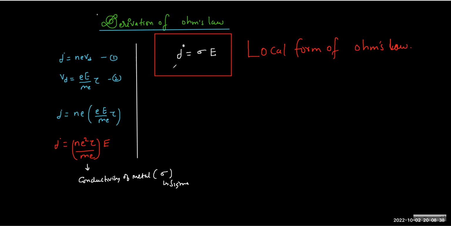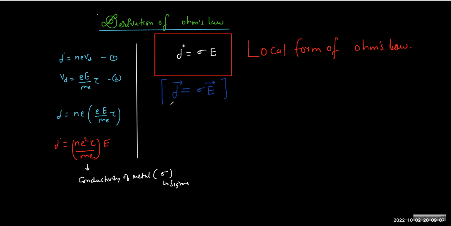What is the meaning of local form? Local means it is a point defined relationship. You will come to know very soon that V equals IR also, but that is called the global Ohm's law, which means you write it for two terminals, or two ends, or two points. In the local form of Ohm's law, it's purely a vector representation. J vector is sigma into E vector.